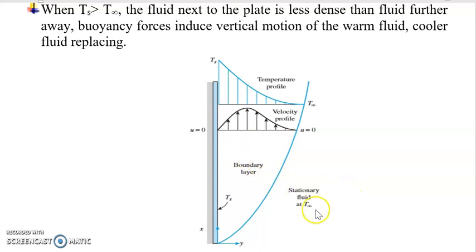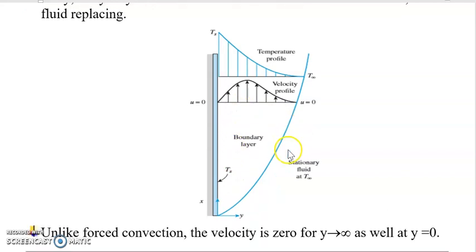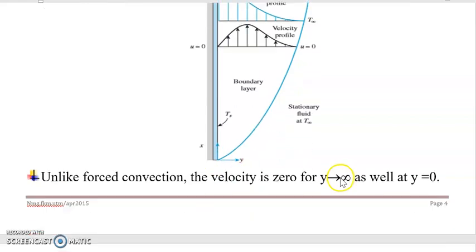So we have a convection current being induced here, the cooler surrounding fluid taking the place of the lighter, warmer fluid which is rising. See? Unlike forced convection, the velocity is zero for y. Remember, y is horizontal, so at a distance far away from the solid body, the velocity is zero as well, because that's where the leading edge is.